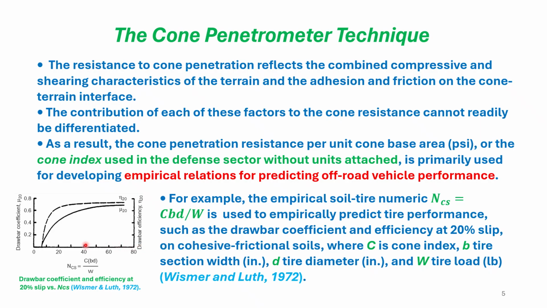For example, if the value of N_CS is 40, then we can make use of this curve and estimate the drawbar pull coefficient at 20% slip is approximately 0.6. Making use of another curve, we can estimate that the drawbar efficiency at 20% slip is approximately 0.7.